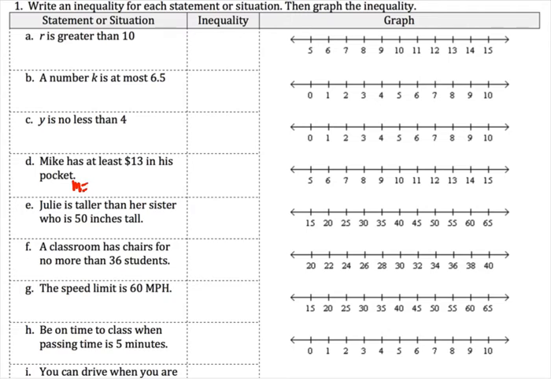Let's make M equal money in pocket. And the money in the pocket compared to $13. Well, it's at least 13, so it could be bigger than 13, or it could be equal to it. So my boundary value here is going to be 13. It's included. And every number larger than 13 would also be included.